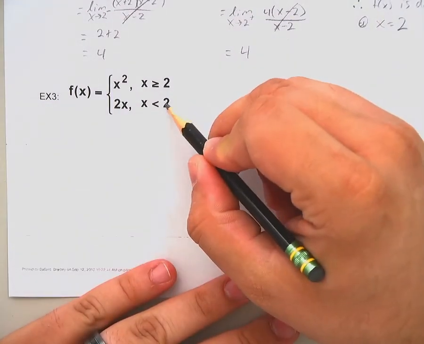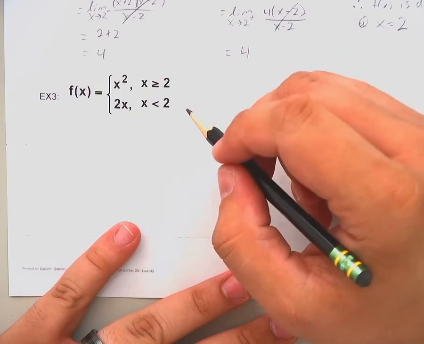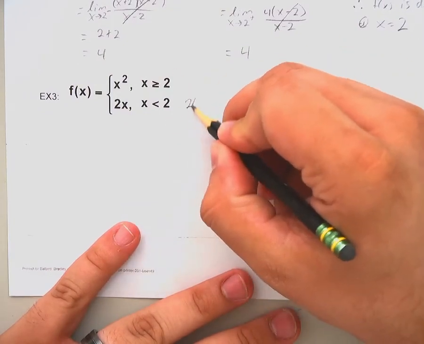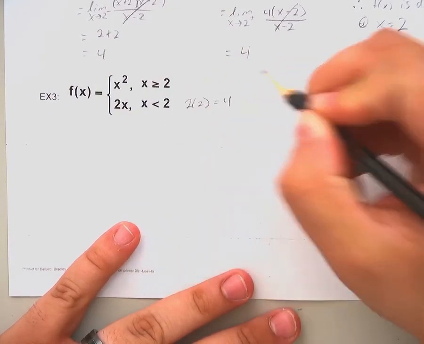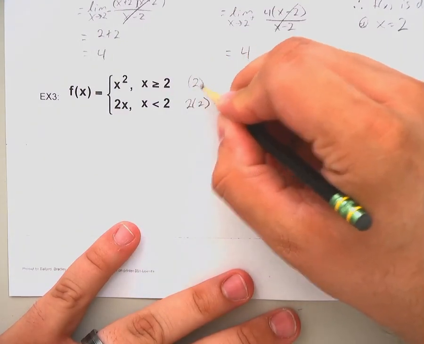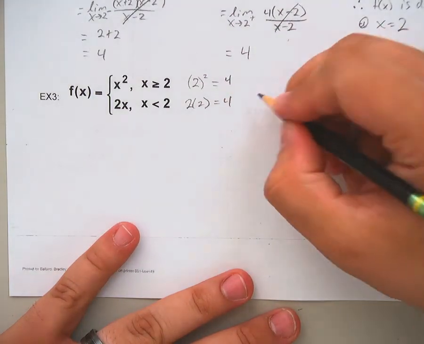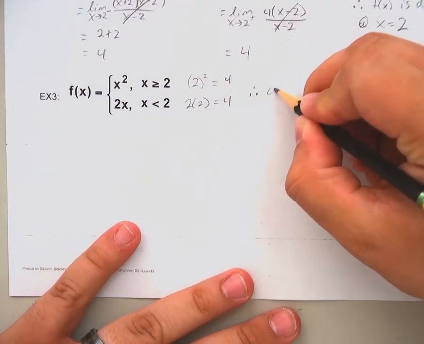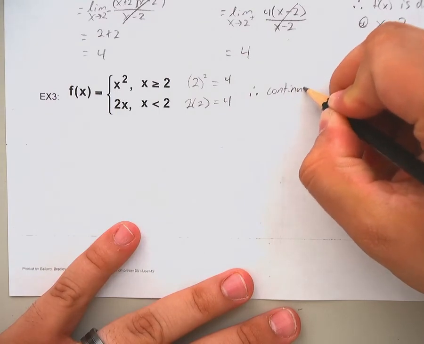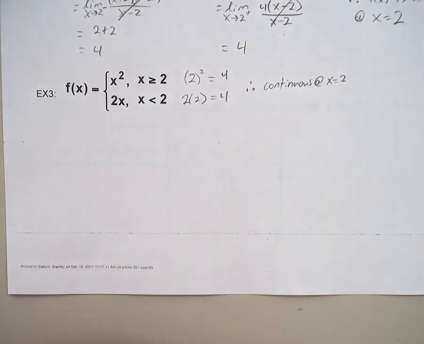From the left here, down here, x is less than 2. From the left, 2 times 2 is 4. From the right, you've got 2 squared, which is 4. All right, so we're going to say therefore it's continuous at x equals 2.